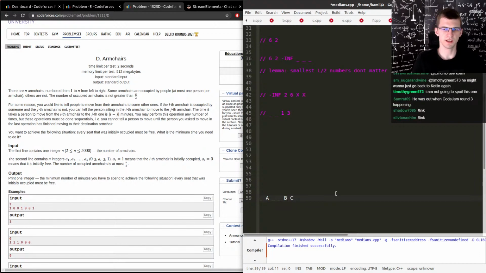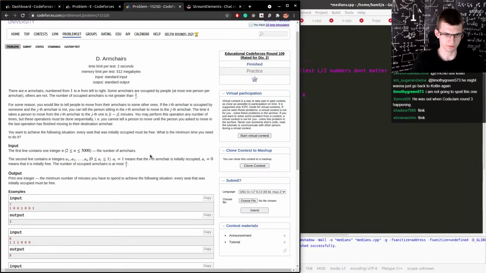Then it's easy to say where everybody should go, because we just go in sorted order. Lowercase a, b, c are empty chairs, and I claim just A will go to a, B to b, C to c. That's optimal. This is not the case here if the number of occupied armchairs is smaller than n over 2.